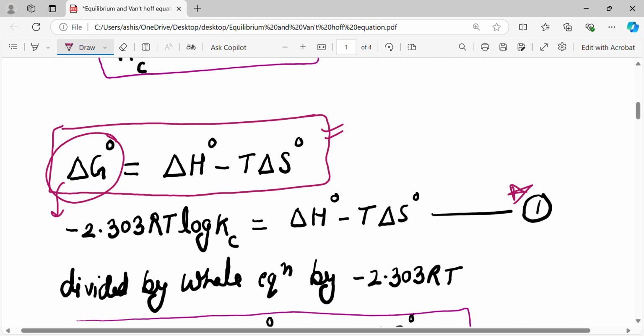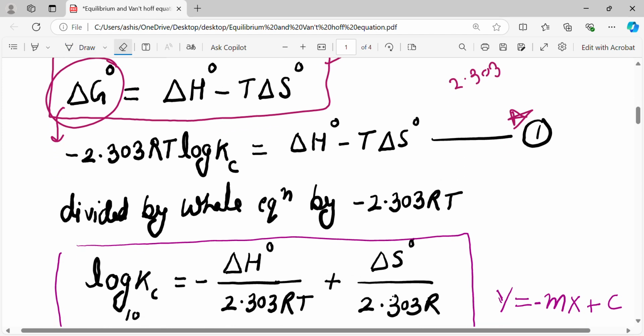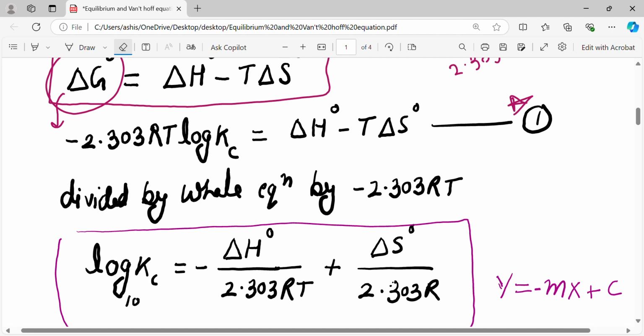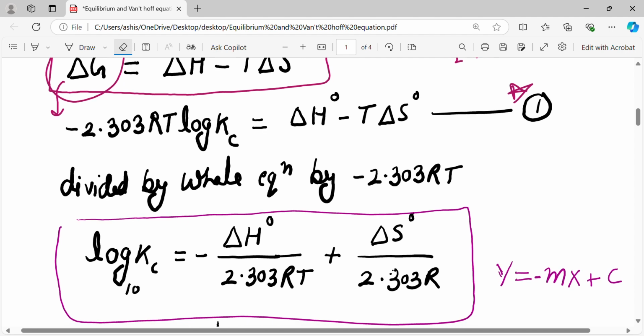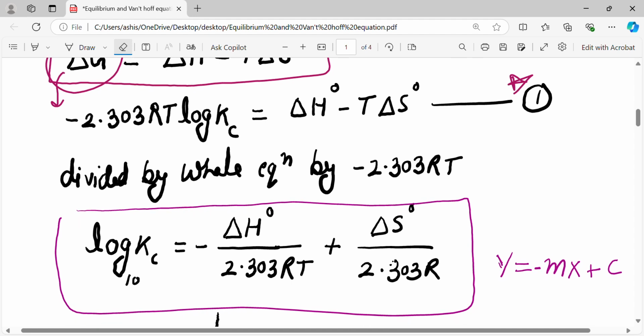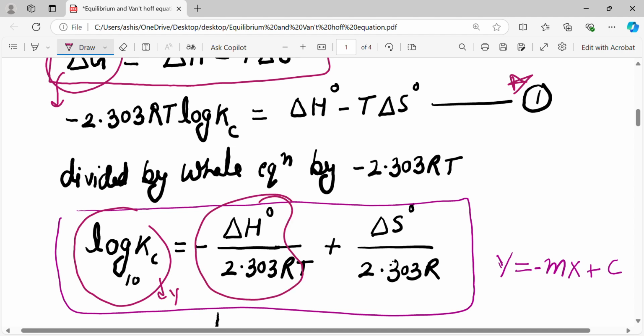Now if I divide the whole equation by 2.303, we will get a new equation. That equation will be log Kc is equal to minus delta H naught upon 2.303 RT plus delta S naught divided by 2.303 R. This equation is similar to the equation of a straight line, y is equal to minus m into 1 by T, where 1 by T is x, plus c, where c means intercept.